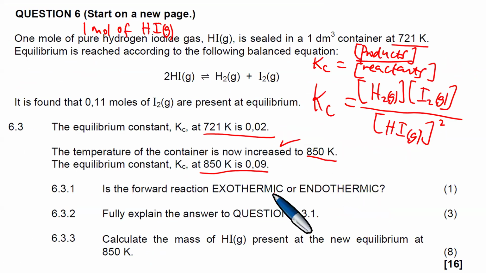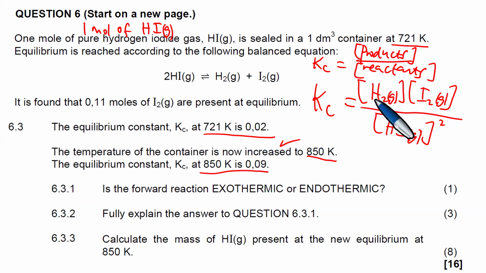Now let's look at these here. So if this Kc has now increased to 0.09, is the forward reaction exothermic or endothermic? Because if the Kc has increased, what does it mean? The Kc is now bigger.